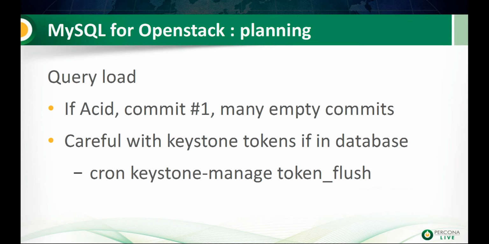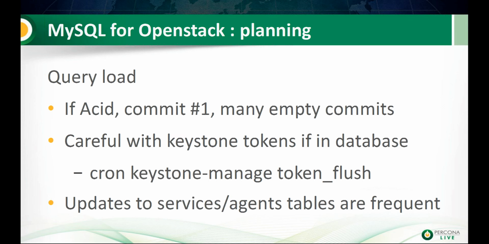It can be as frequent as once per minute. I've done that, and I think it's better to flush more often a smaller number of expired tokens than to flush thousands of tokens at the same time.